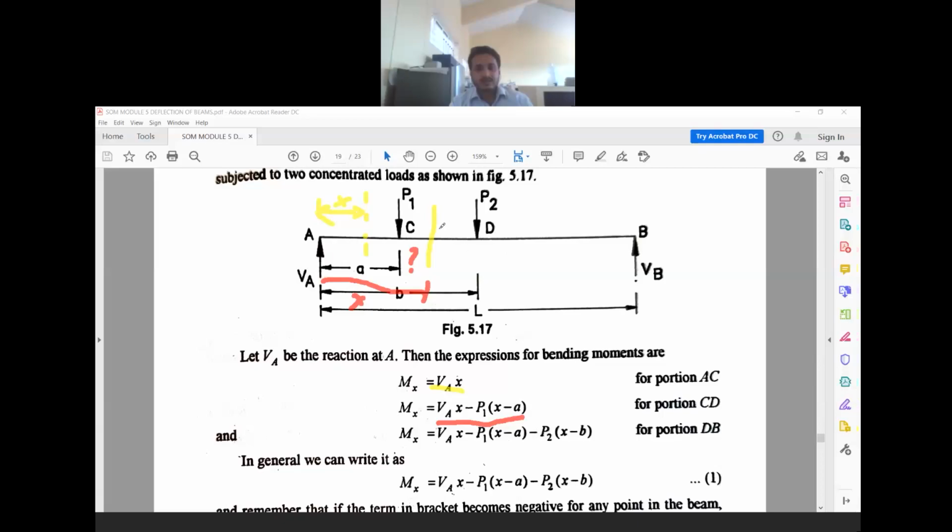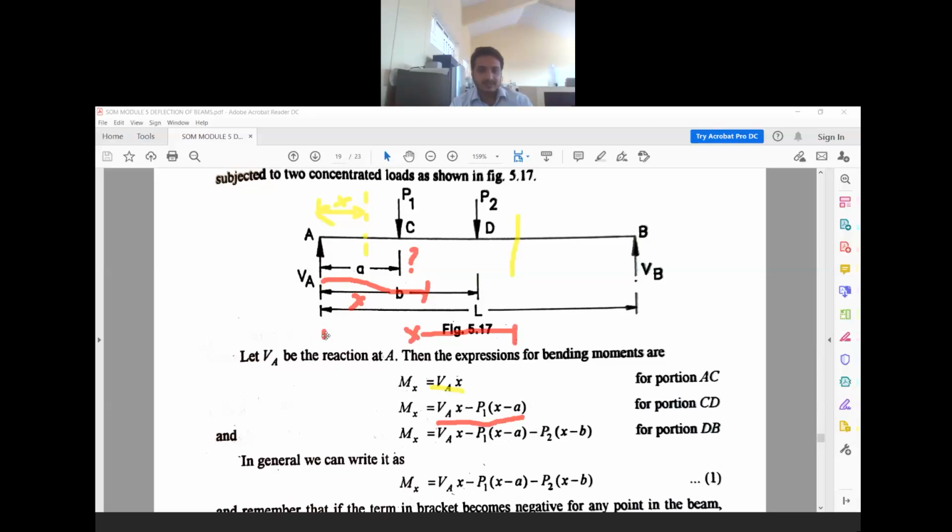Similarly, we shall move further and this section comes in this portion, that is in portion D and B. When this portion is in D and B, I have to calculate the moment from this section. In this section you can observe that VA is at a distance of x. So always x is the distance from A to this section.